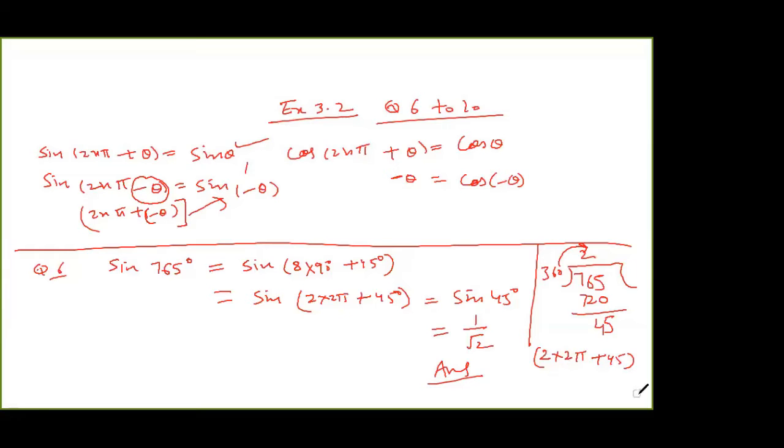Now the next question, the 7th question. Both ways we can do the question. That is cosecant of minus 1410 degree. As you know, cosecant of minus θ is equal to minus cosecant θ.